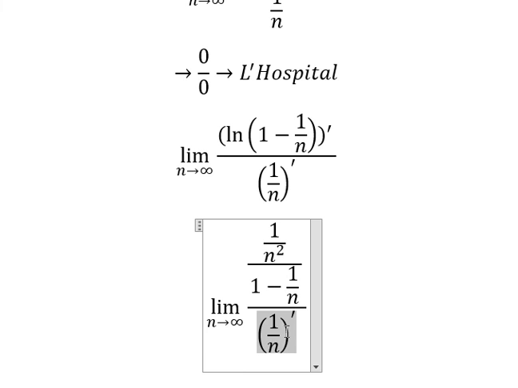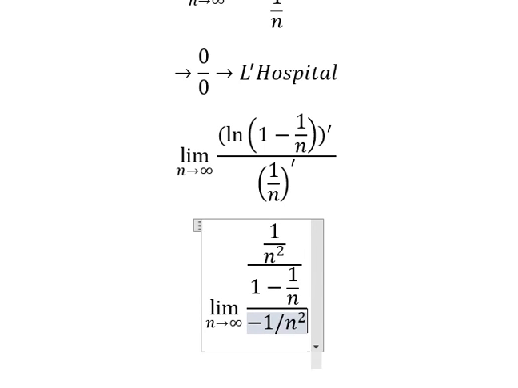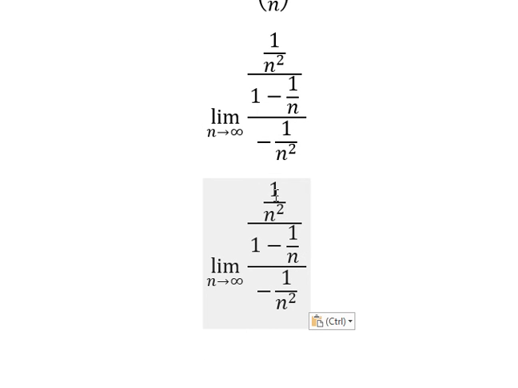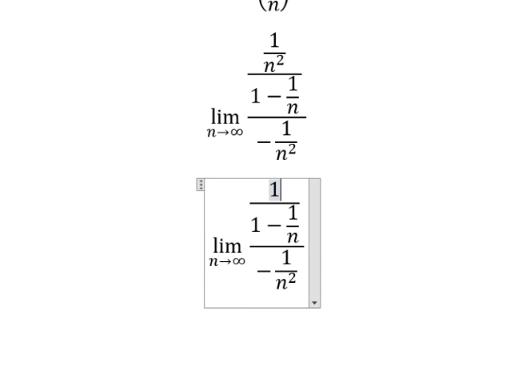This one we have negative 1 over n squared. Now we need to simplify 1 over n squared on numerator and denominator. So we put the negative sign on here.